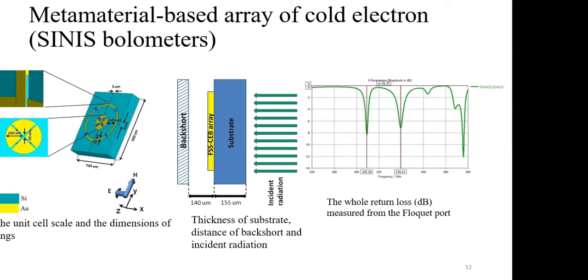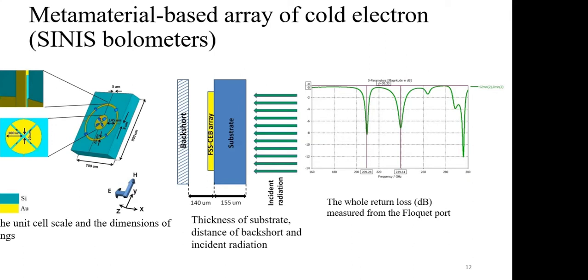Here, in fact, it's 2 frequency selective surfaces, which they designed on only one substrate in order to work in both frequencies for radio astronomy, around 210 and 240.